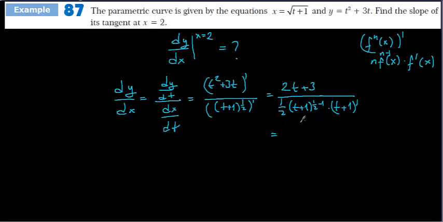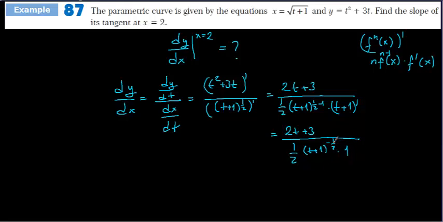Then this expression is equal to 2t plus 3 over 1 over 2 times t plus 1 to the power of minus 1 over 2, because 1 over 2 minus 1 is equal to 1 minus 2 over 2, times the derivative of t plus 1. The derivative of t is equal to 1, plus the derivative of 1 is equal to 0, so it's going to be equal to 1.